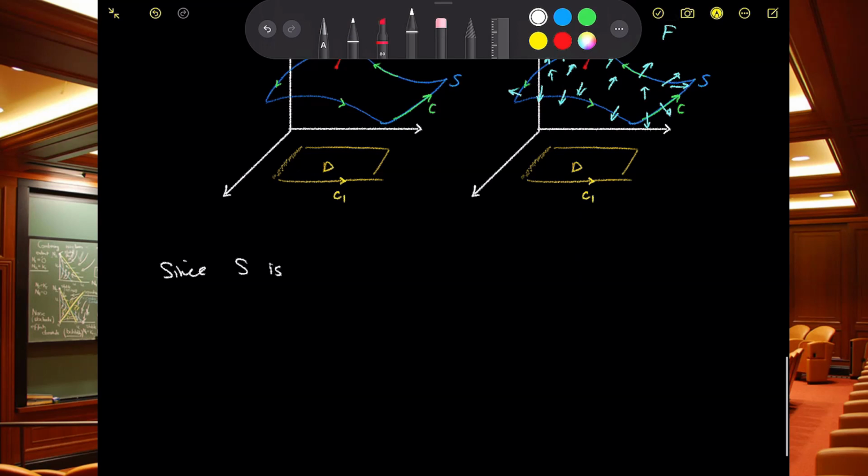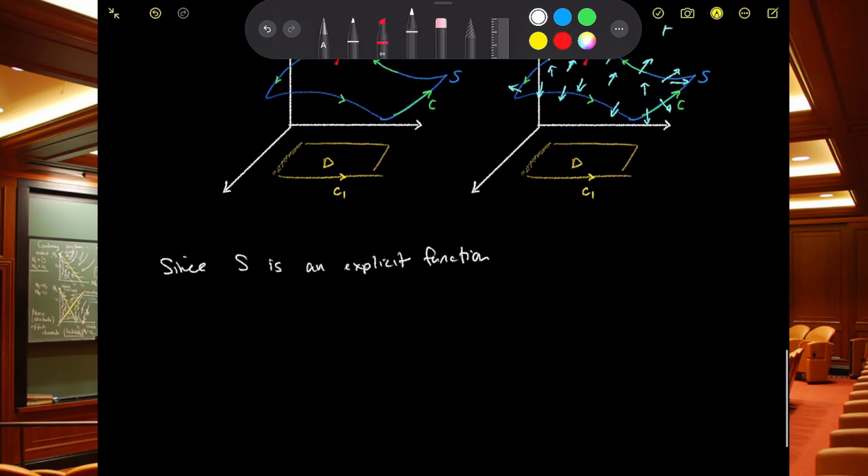All right, so since S is an explicit function, and you actually might want to have out our formulas from last class nearby for this so that you can reference them a little bit easier.